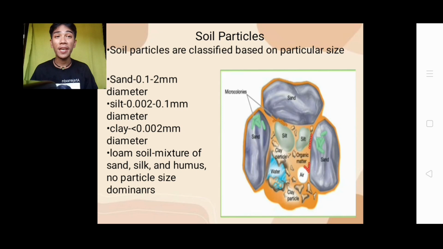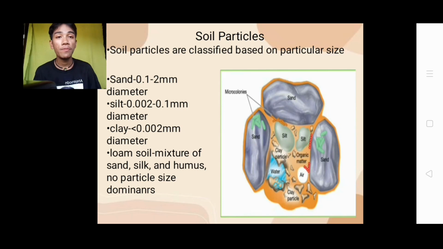So soil particles are classified based on particular sizes. The sand is 0.1 to 2 millimeter in diameter. The silt is 0.002 to 0.1 millimeter in diameter, while the clay is less than 0.002 millimeter in diameter. In the loam soil, the mixture of sand, silt, and humus, there is no particle size dominance.